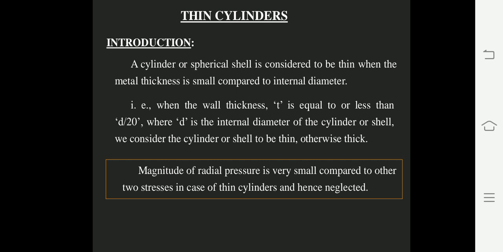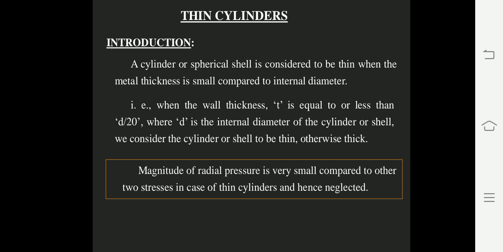That thickness may be 5 mm or 10 mm. Definitely that thickness will be less than the smaller diameter. That cylinder is called a thin cylinder. If the thickness is more than the internal diameter, it is considered a thick cylinder.